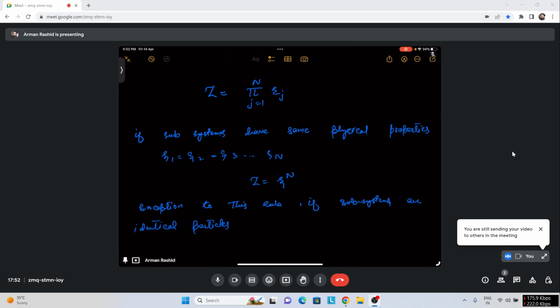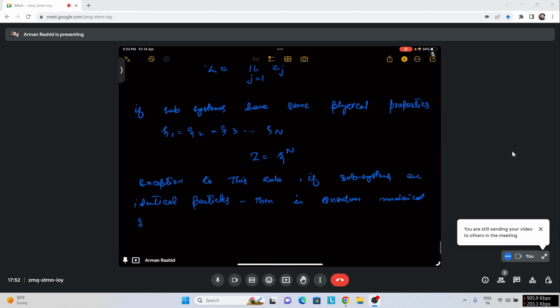But if the subsystems are identical, then in the quantum mechanical sense it is impossible to distinguish them even in principle.